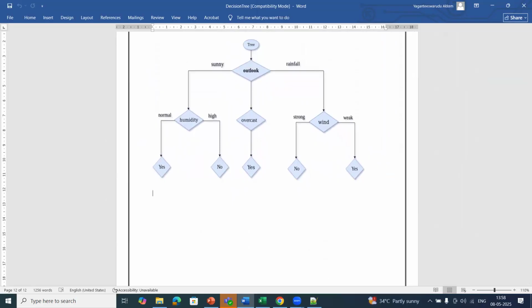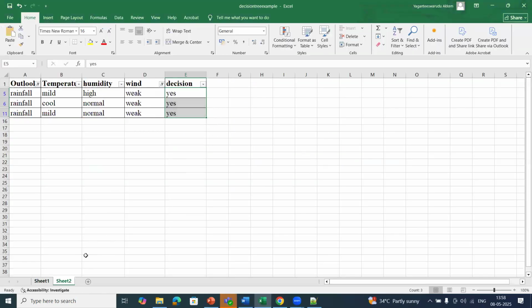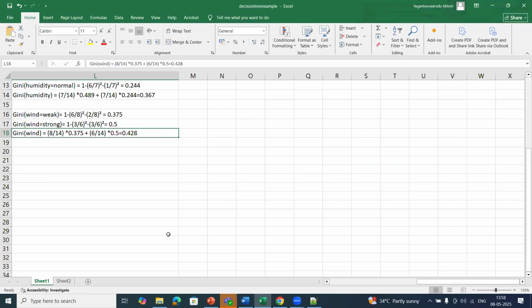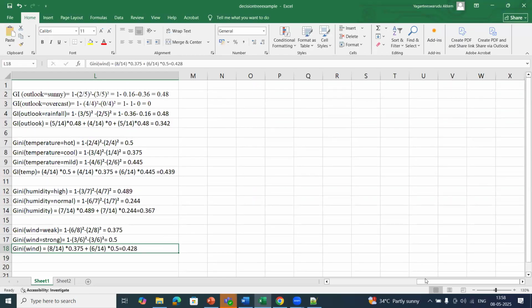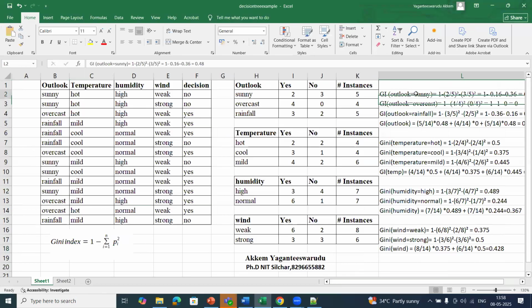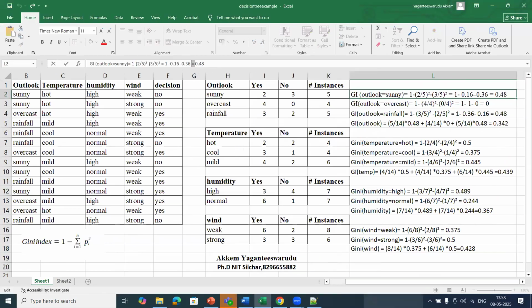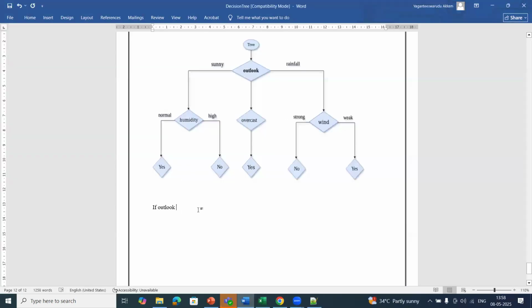So see here, if outlook is sunny, then there are three branches, right?